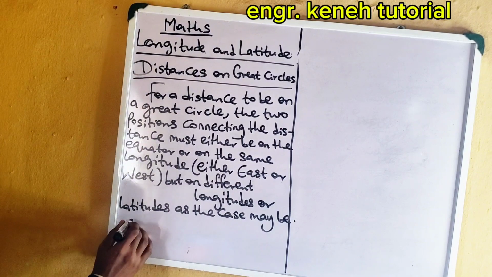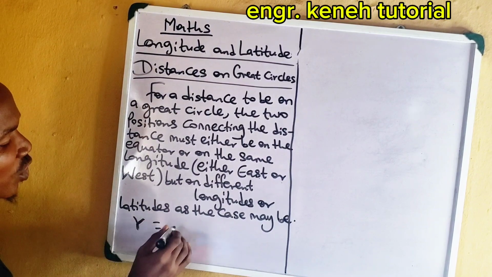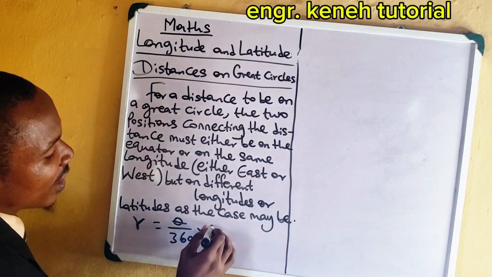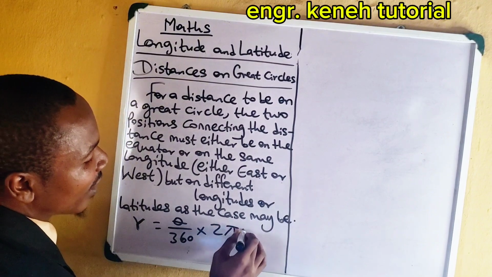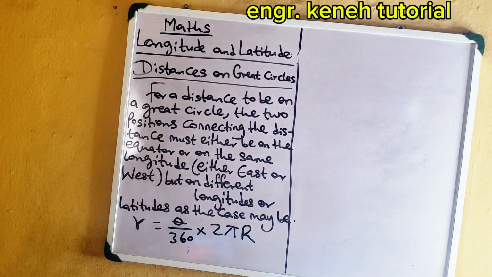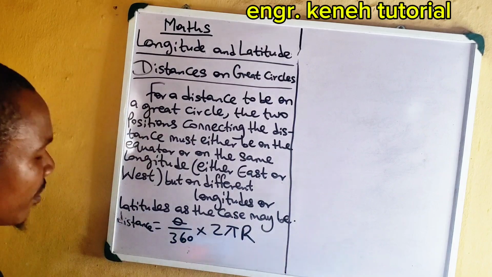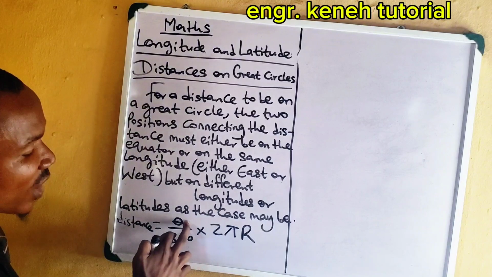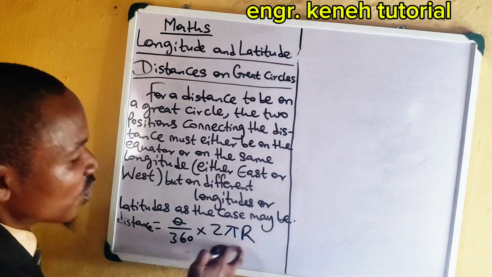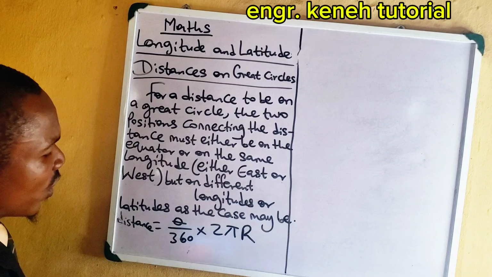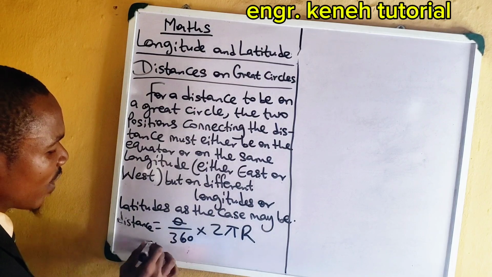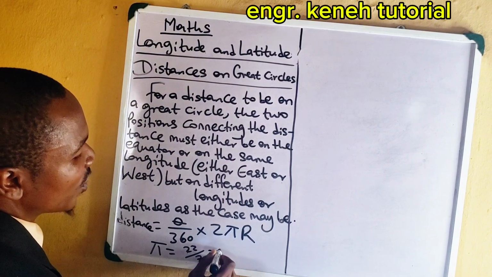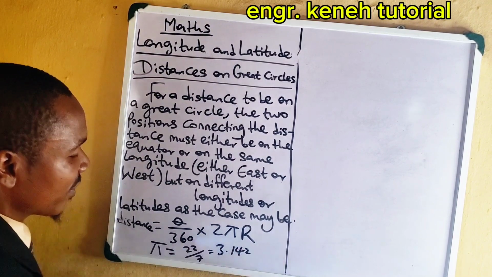We say that the distance is equal to theta over 360 times 2 pi R. Pi means 22 over 7, which can also be approximately 3.142.